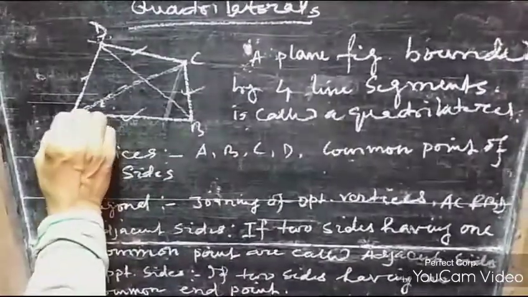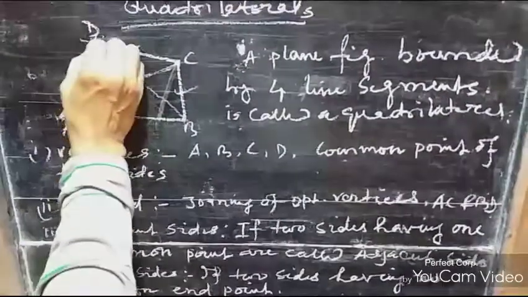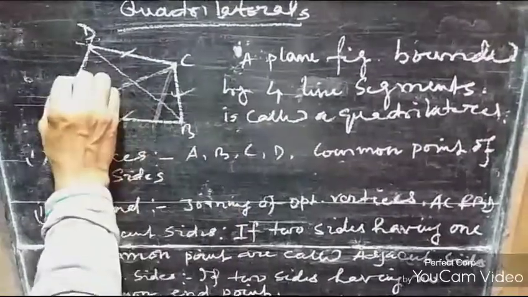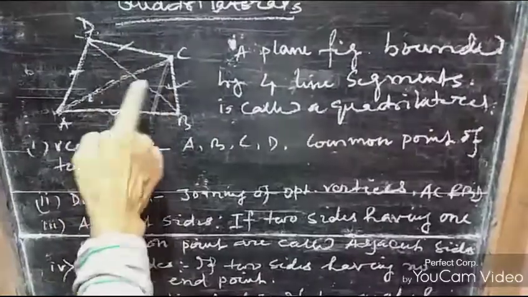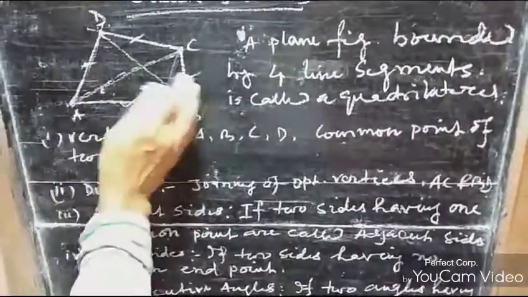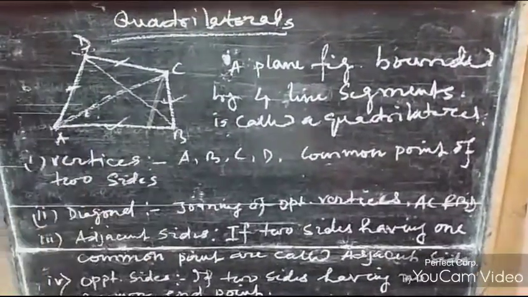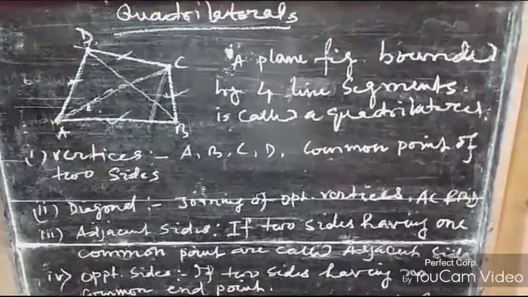But if there is no common point, like the lines AD and BC, these sides are called opposite sides. This AB and opposite side DC too. So opposite sides and adjacent sides, try to keep them in your memory. They will be applicable for solving some problems.